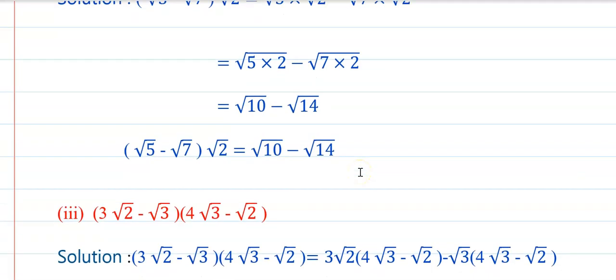Hence we get an irrational number. The product of irrational numbers here is irrational. It is not necessary that the product is always rational. Sometimes we get rational, sometimes irrational.